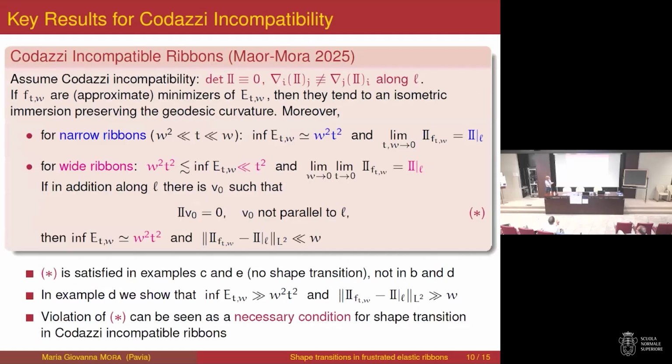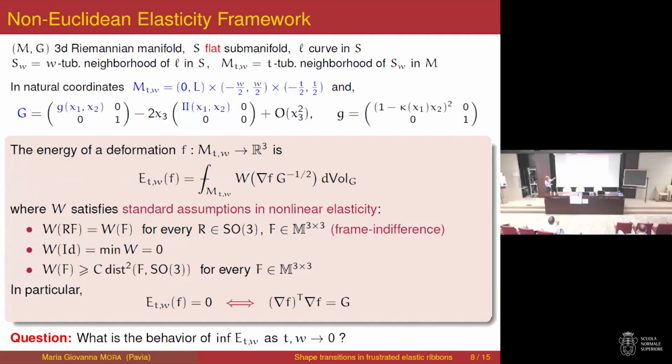Yes. So is it the component along the axis of the reference shape or not? The component 1 1, the small G. The small G, so this is the restriction of the metric to the mid surface. Okay, but are you measuring the squared stretch along the axis of the ribbon or not?